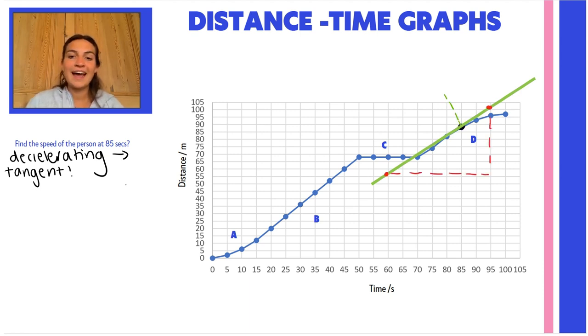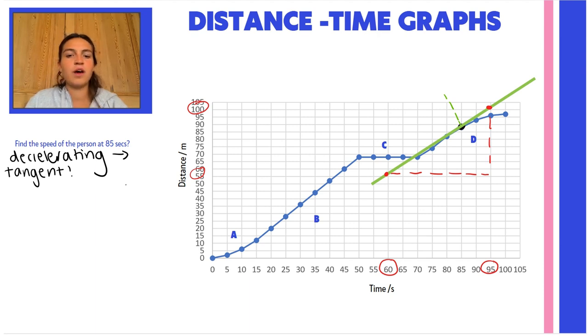You need to again choose 2 points on that green line that you are going to use to find the gradient of that green line. I've chosen those 2 red points there, and I've drawn in my little dotted red line for the triangle. So those are at 95, 100 and 60, 55.